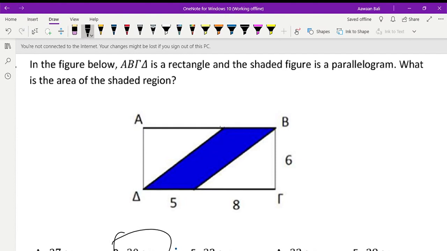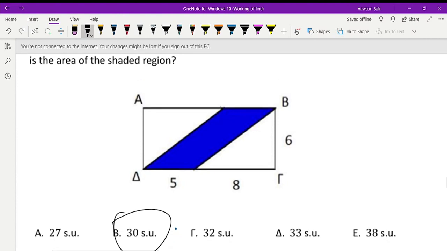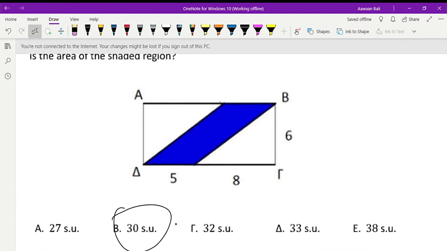Easy, right? But now for the other one, what we have to do is that we have to find the area of this and this. Now, 8 times 6 is 48, and half of 48 is 24, so 24 square units. And here it will be the same dimension, so 24 square units again.